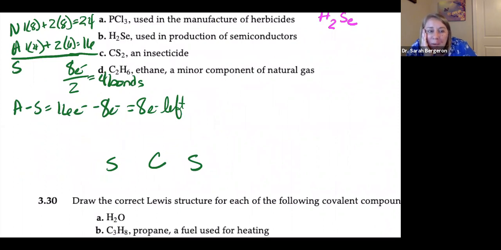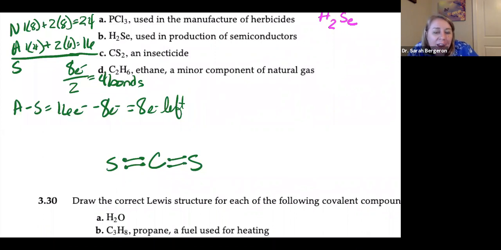I have to make 4 bonds, but I only have 2 elements that carbon can interact with. So how am I going to make that happen? I'm going to give a double bond between each carbon and sulfur. So they're each sharing 2 electrons. So it's like you have an electron here, an electron here, an electron here, and an electron here, and here, and here, and here, and here, right?